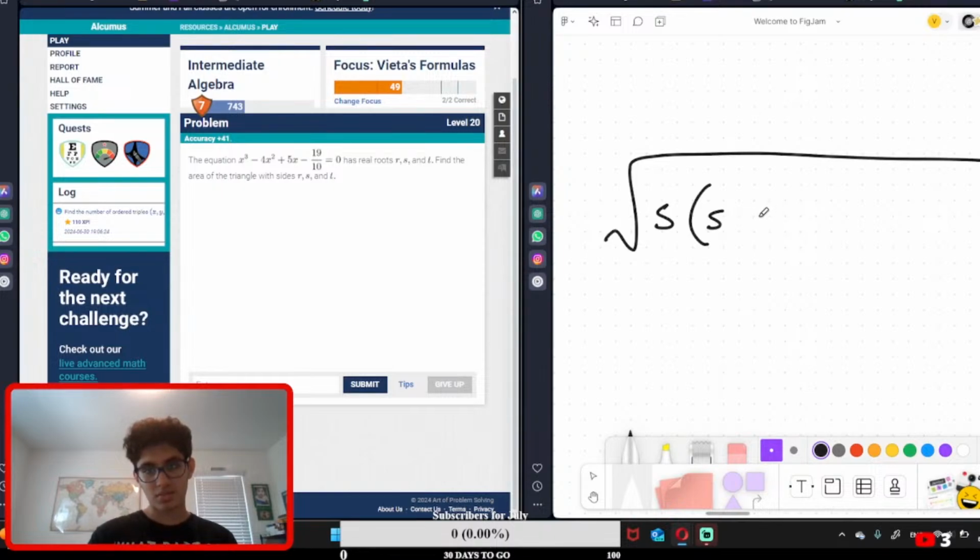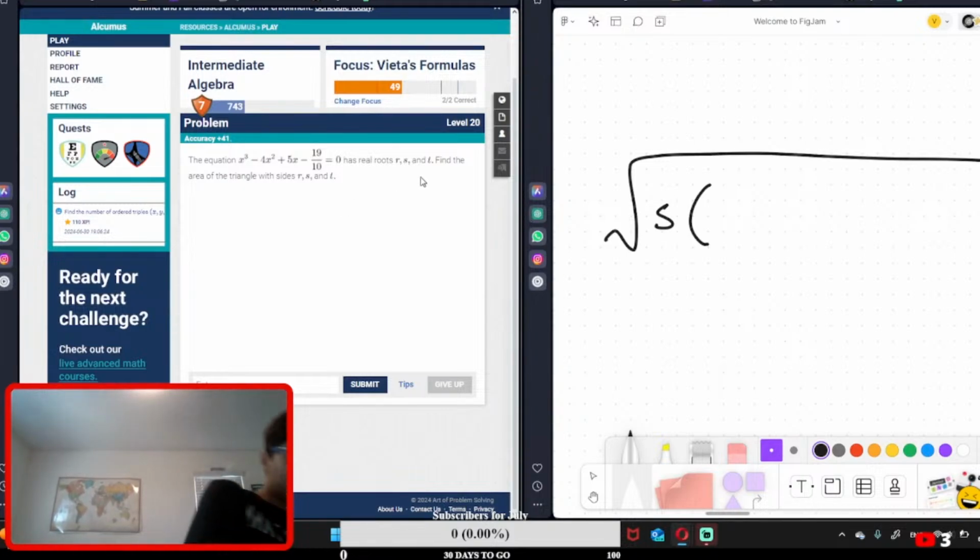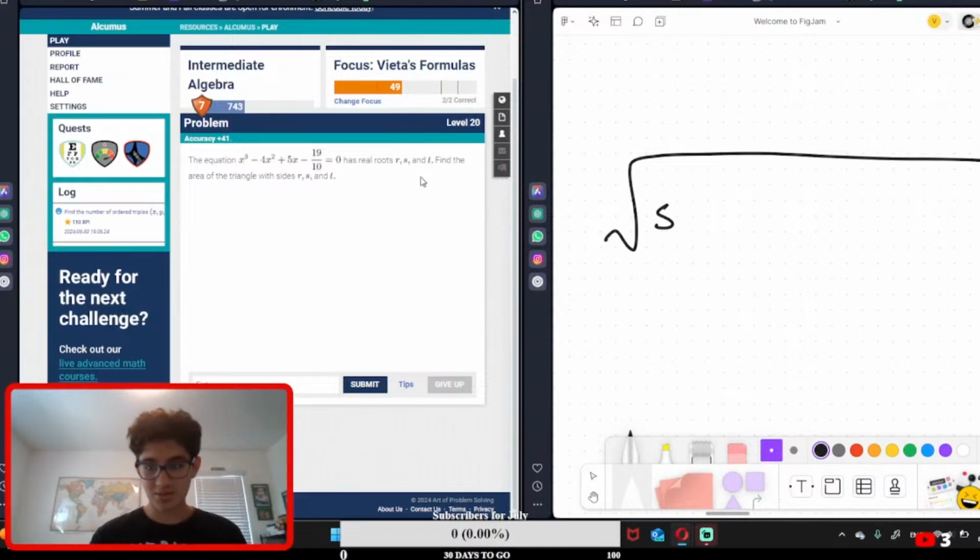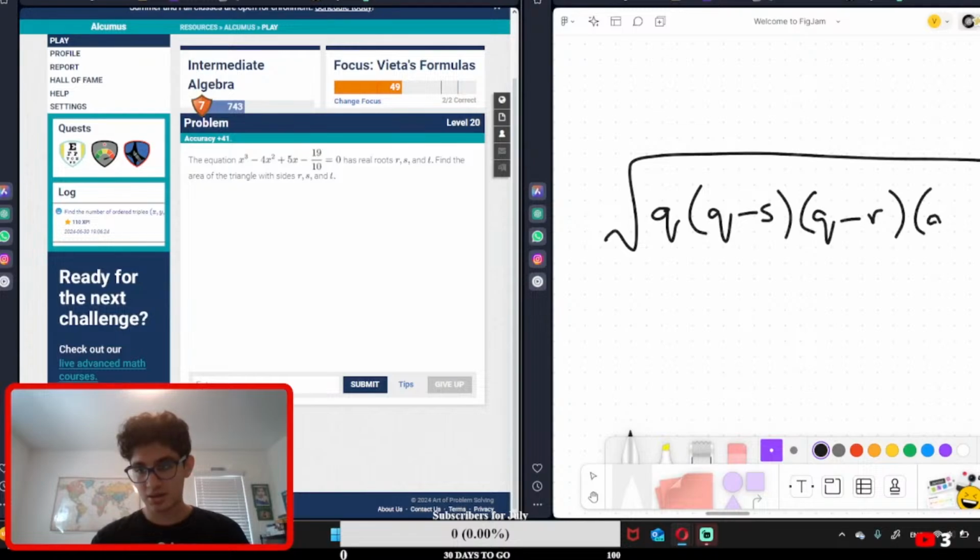First of all, I shouldn't be writing s here because there's already an s root. So let's change it to something interesting like q: q minus s, q minus r, q minus t. q itself is just going to be the sum of all of them over 2.